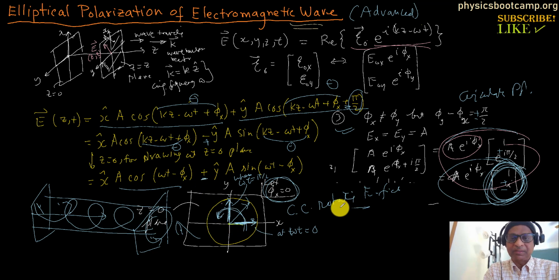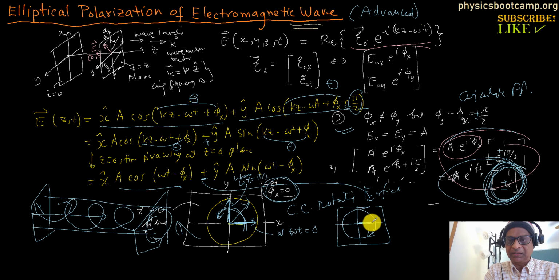When you have a minus, it actually rotates this way. So if you start from this vector, the next vector will be this vector, this vector, this vector, so it's a right circularly polarized.